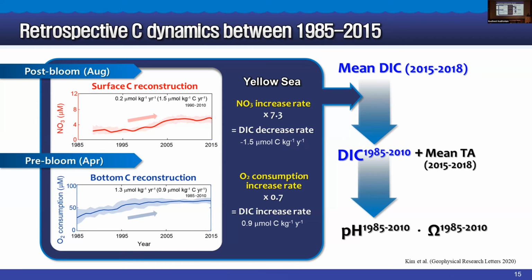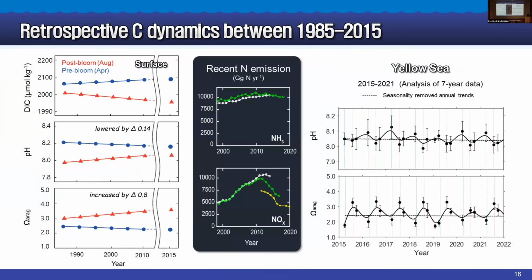Based upon these, the predicted DIC concentration in conjunction with a contemporary alkalinity, we can calculate the pH and saturation state of seawater, omega. And then we did find the amplitude of the pH over seasons progressively decreased, as opposed to an increasing trend of omega over seasons.